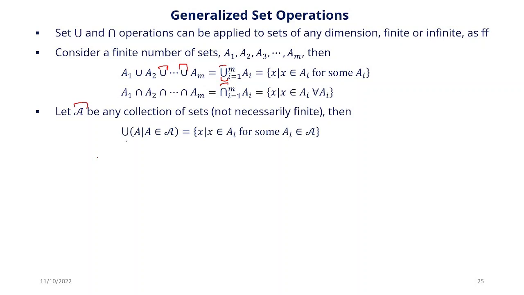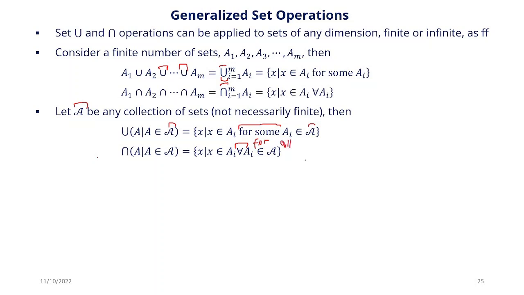Then the union is the set of all A such that A is in script A, which implies that it is an x such that x is in Ai for some Ai in script A. The intersection is similarly defined as x is in Ai for all. Take note, the first is for some. This symbol you see here means for all.